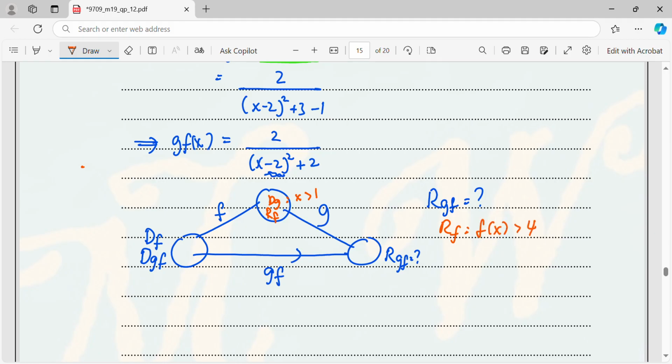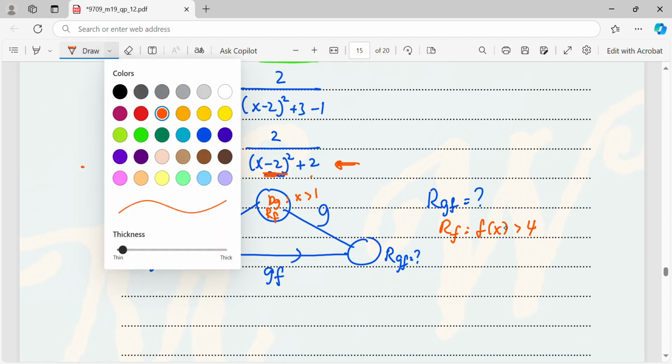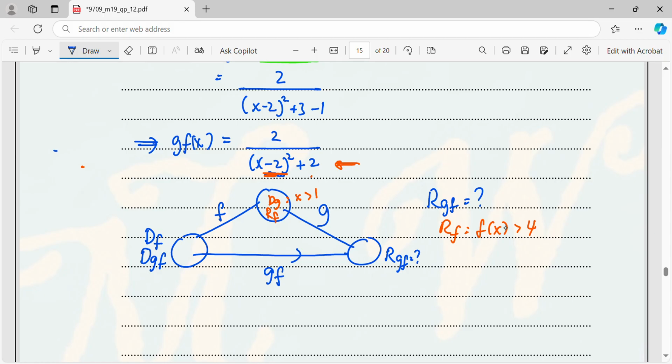Now what to do here is I will refer to the point. Basically, from here you should know that when you look at this denominator, the minimum point is with coordinates 2, 2. So from here, I will say x minus 2 squared plus 2 is with minimum point 2, 2.